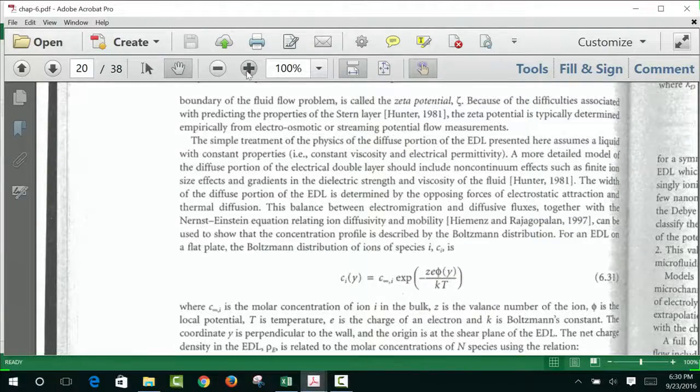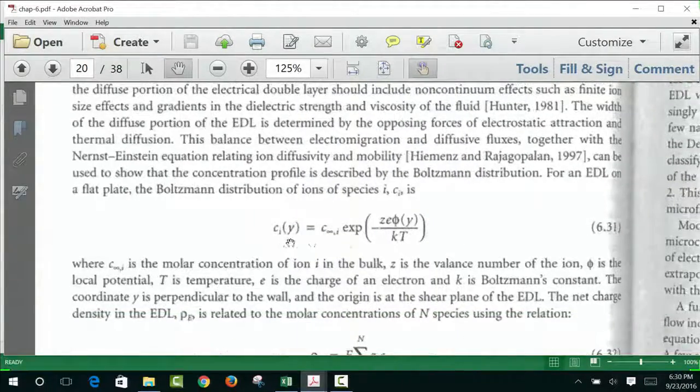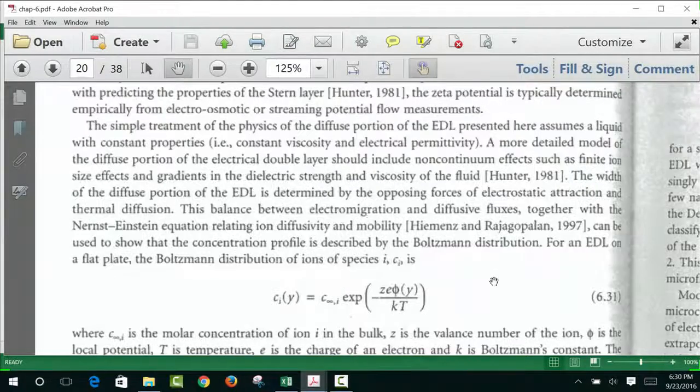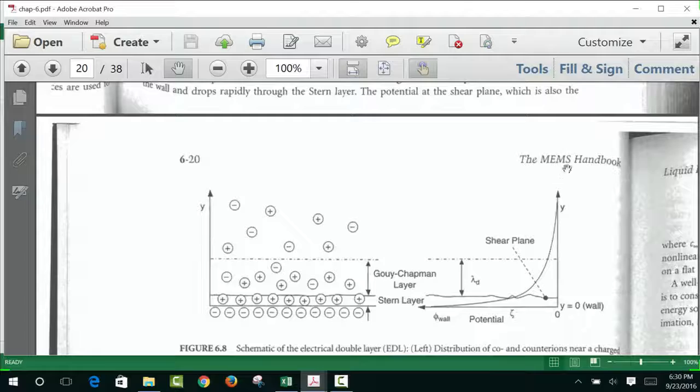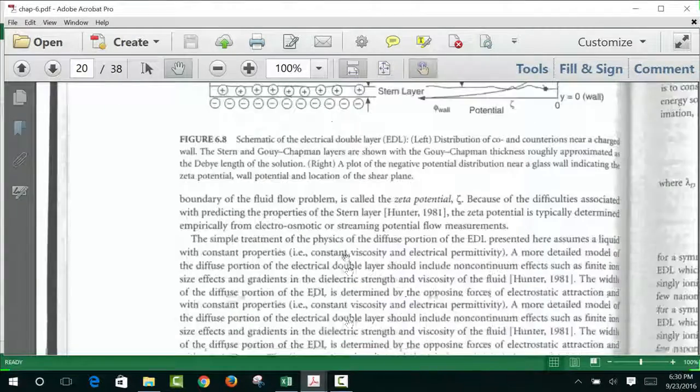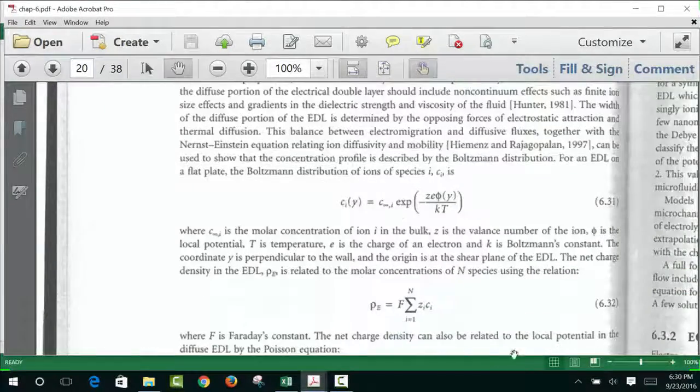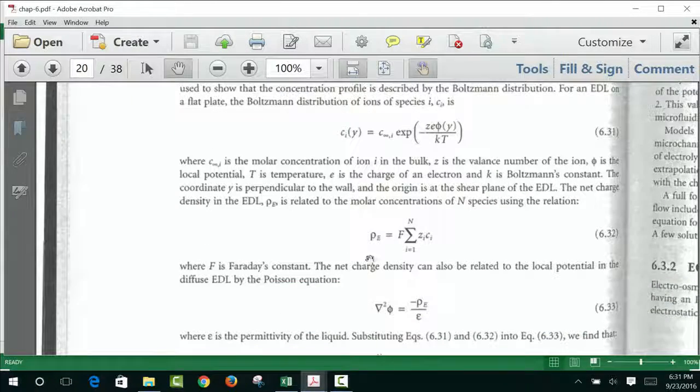So he's basically saying, well, here is the distribution of the ions from the bulk, C infinity, all the way to basically the floor. So you can imagine the potential will be related to that ion concentration. And this is the density of the charge.